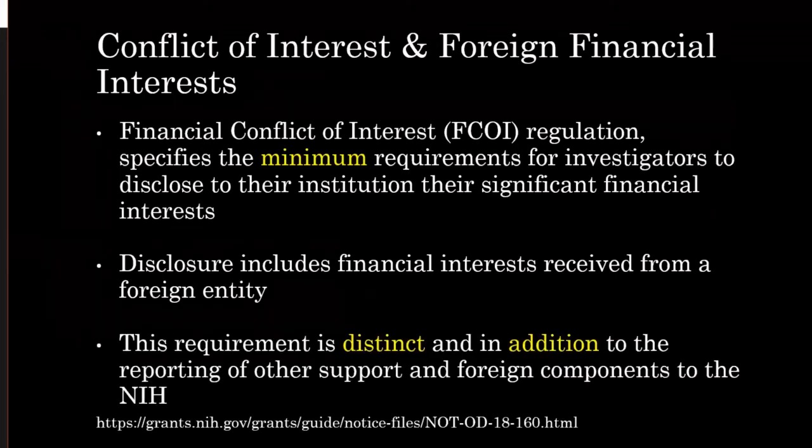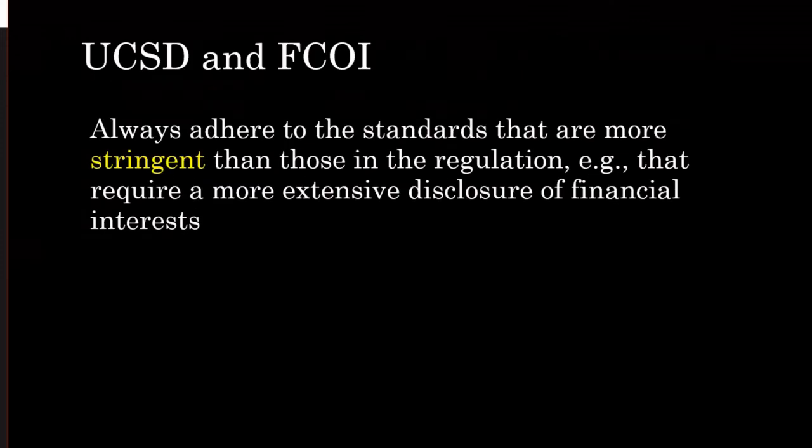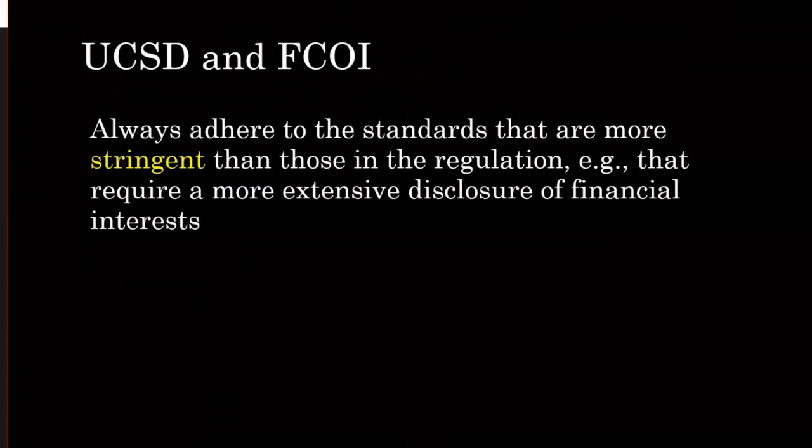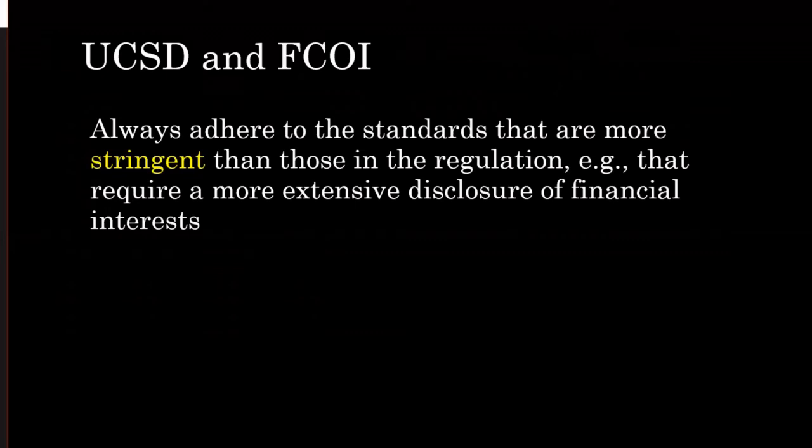This requirement is distinct and in addition to the reporting of other support and foreign components to the NIH. UCSD and FCOI always adhere to standards that are more stringent than those in the regulation, like the required disclosure of all financial interests.